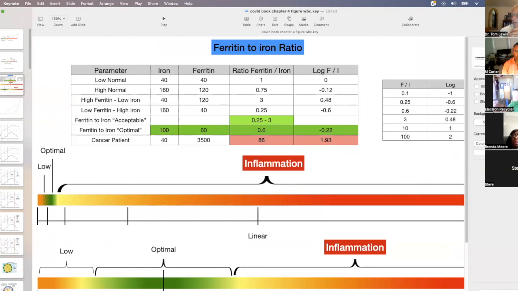I mean, what I like to think is closer to 1 is better. Like ferritin's 100, iron's 100, kind of thing. But that's why I have here on the ferritin to iron optimal, iron 100, ferritin 60 or so. That way you're not sequestering any per se, you're just sort of in balance with everything you're doing.